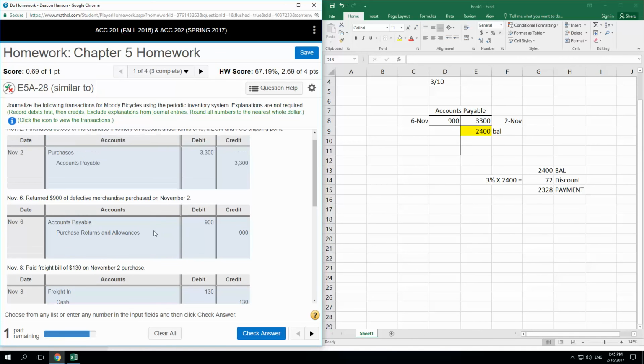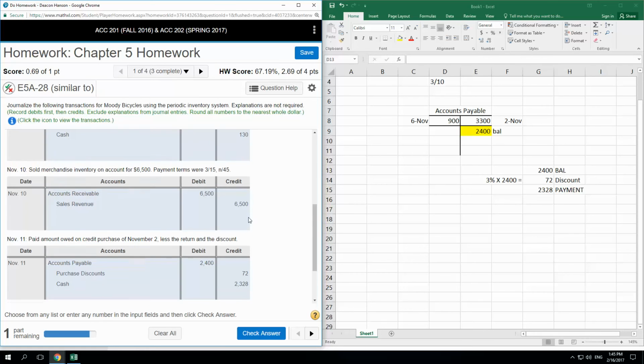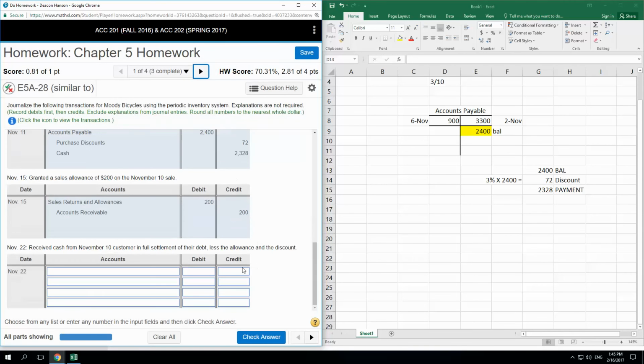You want to go up here and look at November 10. Just eyeball it, right? So we reduce the accounts receivable by 200. Now that, when it comes to sales, we do it the same way, both periodic and perpetual. It's just the purchases and the inventory related things that are different. Okay? This is going to be the same entry if you were in perpetual, when you're on the sales side of things.